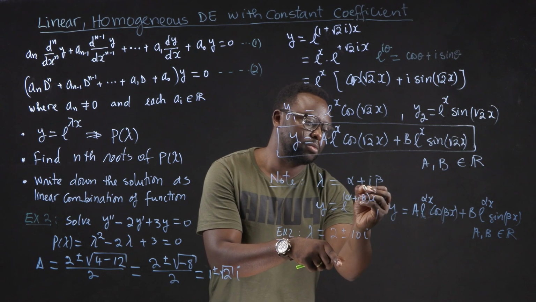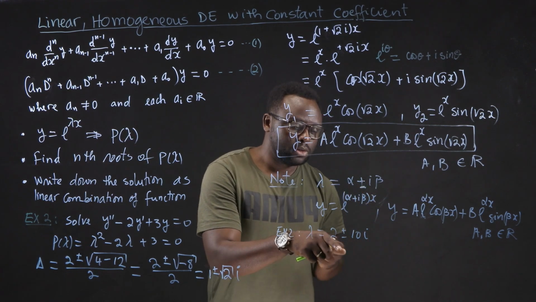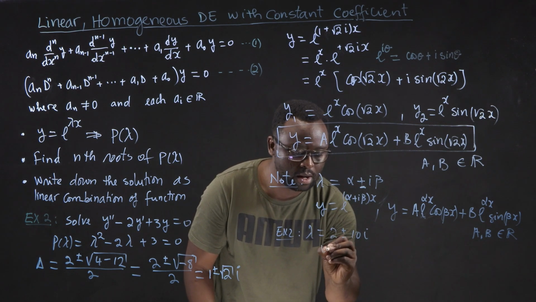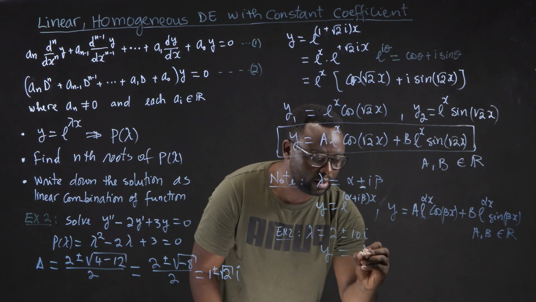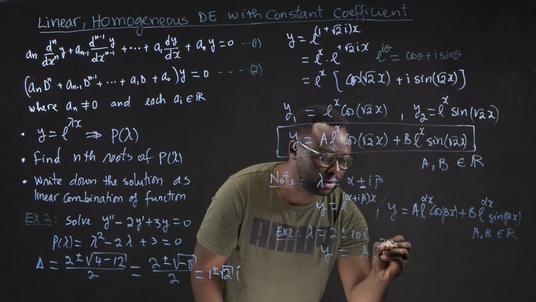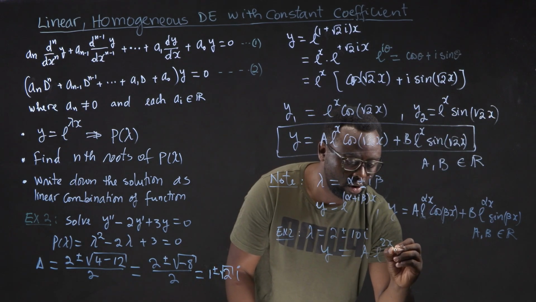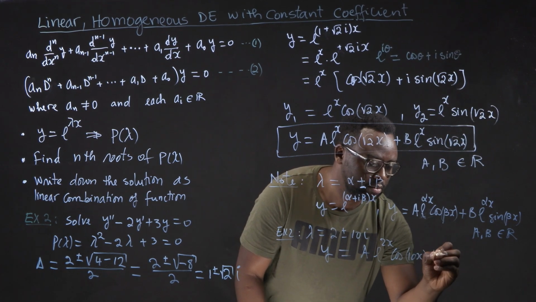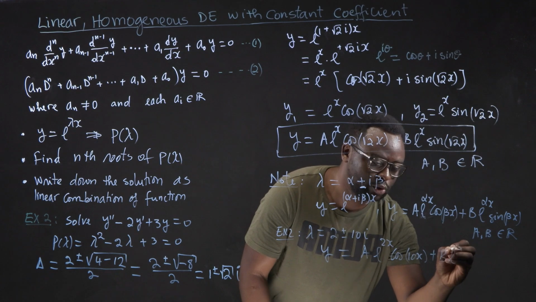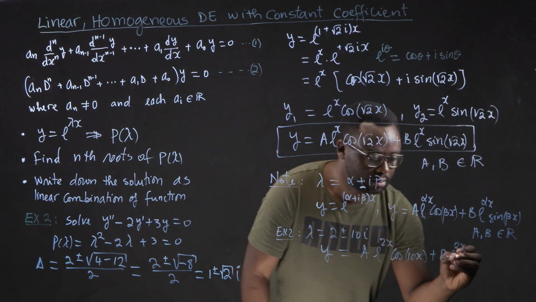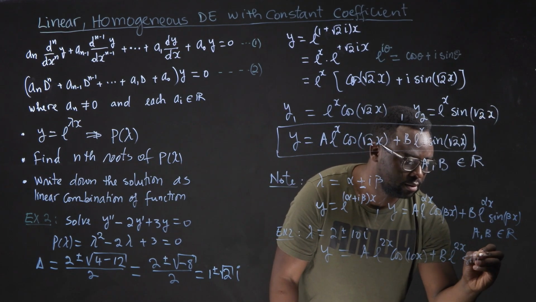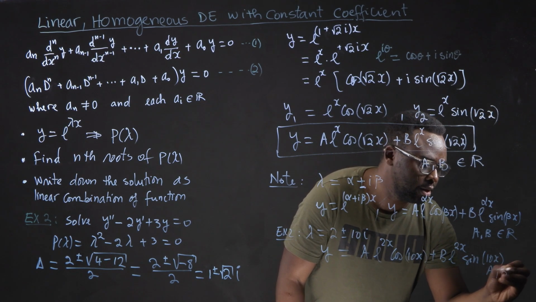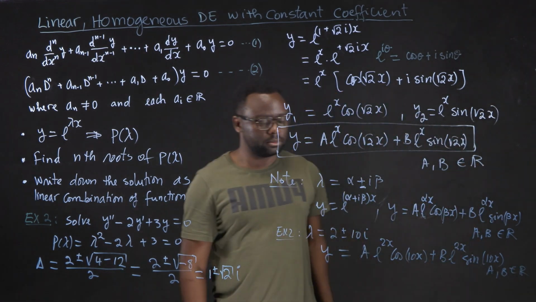So here can be plus minus. It doesn't matter. Okay. So if it's this form, then y is equal a times e to the power 2x cos 10x plus b times e to the power 2x sine 10x, with a, b in real.